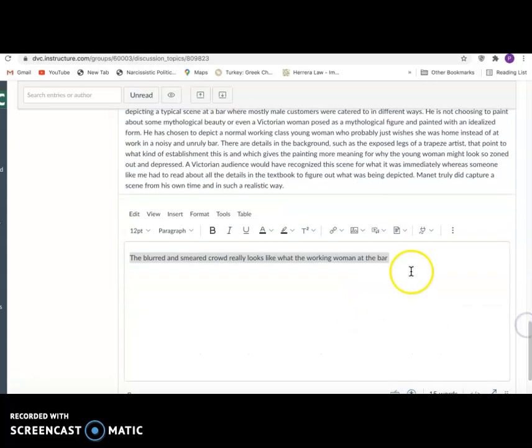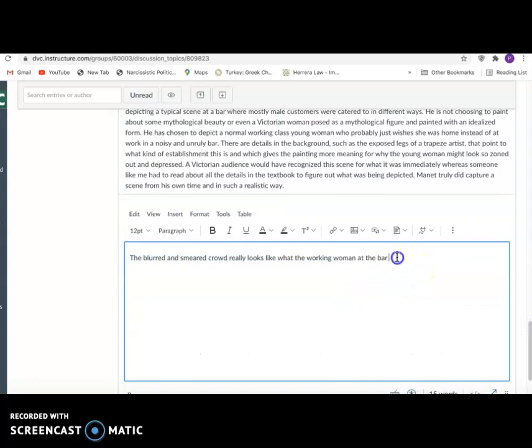If I found that very inspiring, I could say, Robin's comment about how the people are just smears of color, which makes them seem vague yet still identifiable as people, seems so true to what the working woman at the bar would have seen and felt, just as she points out.